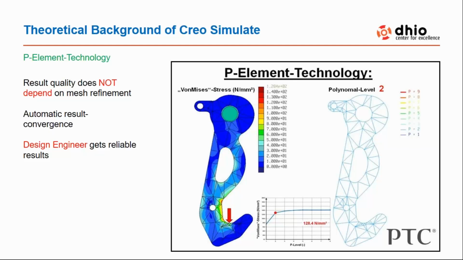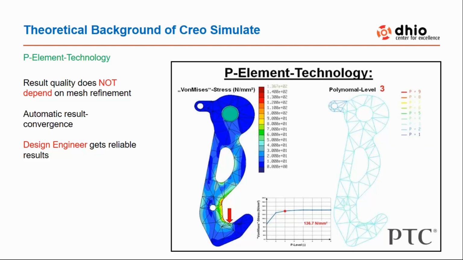That's what we call P technology. So the mesh convergence happens. You can see the mesh convergence 140 to 141. In these next 2 consecutive iterations, we are getting the same level of stresses. So the mesh is converged.